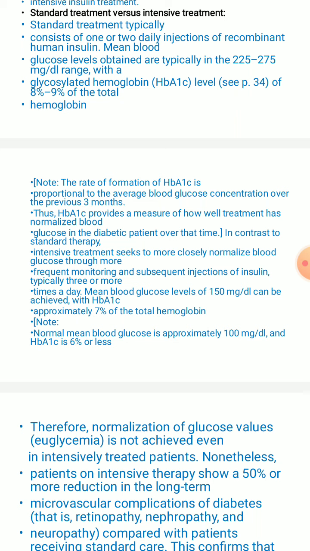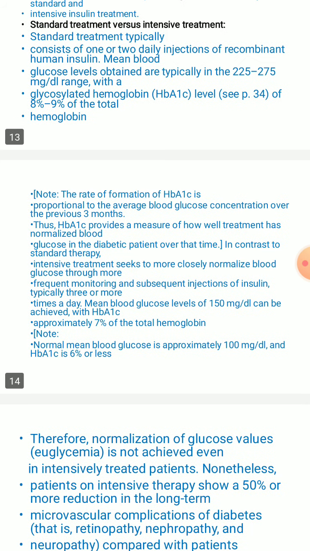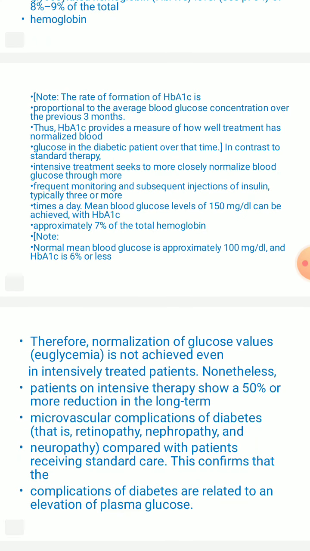A mean blood glucose level of 150 mg per deciliter can be achieved with an HbA1c of approximately 7% of the total hemoglobin.